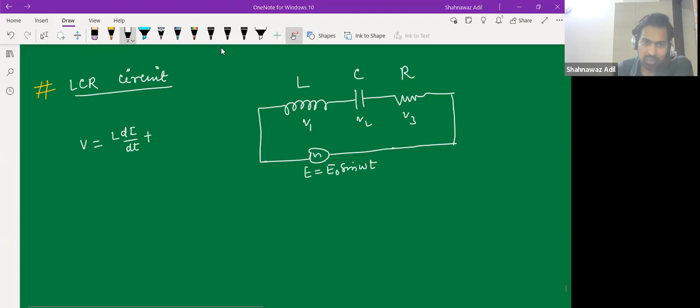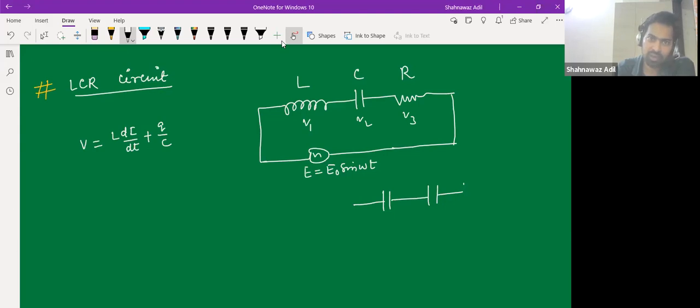1 by 1, 1 by V1. Okay, why 1 by 1? So Q by C. 1 by V2? No, no, no, no. We are not calculating the effective capacitance. We don't have two capacitors, right, Maya?